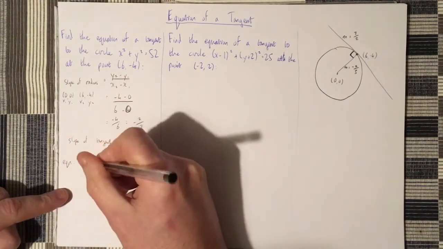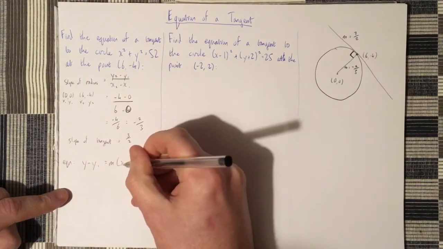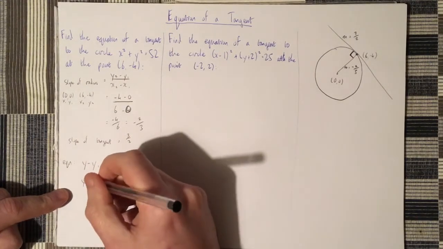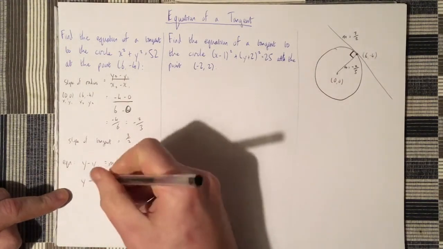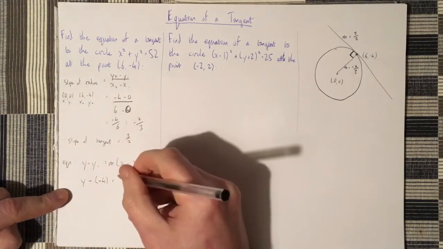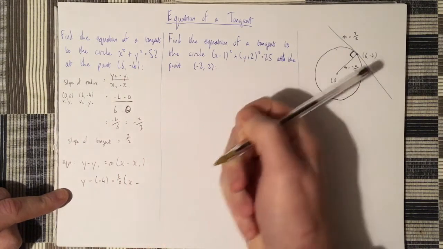So the equation is y minus y1 equals m(x minus x1). The point I have on the line is (6, -4), so it's y minus minus 4 equals m, my slope, which is 3 over 2, times x minus 6.